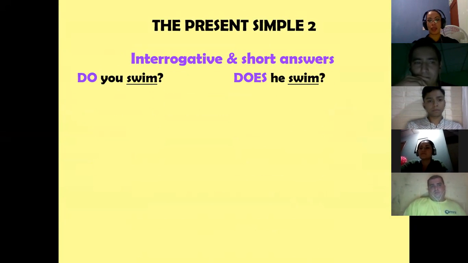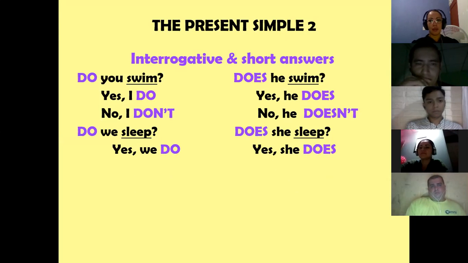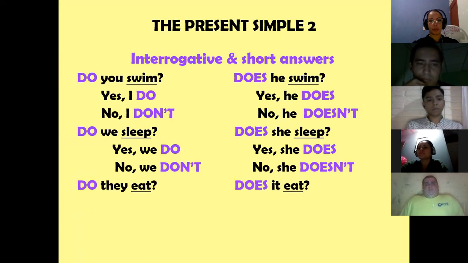To make questions in the simple present, for yes, no questions, we use the auxiliaries do or does.